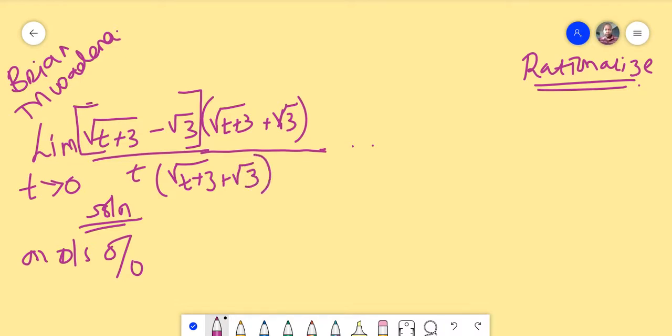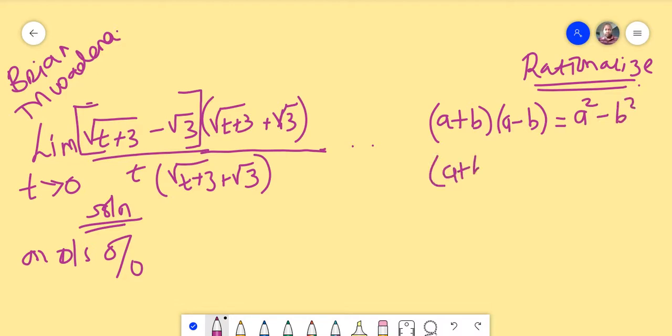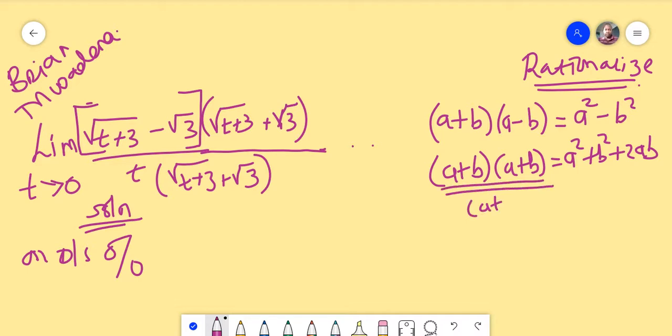As said in the previous video, these shortcuts are usually very important. So (a plus b)(a minus b) is a squared minus b squared. We shall use these shortcuts several times. Also, (a plus b) times (a plus b) is a squared plus b squared plus 2ab, which can be shorthanded as (a plus b) squared.